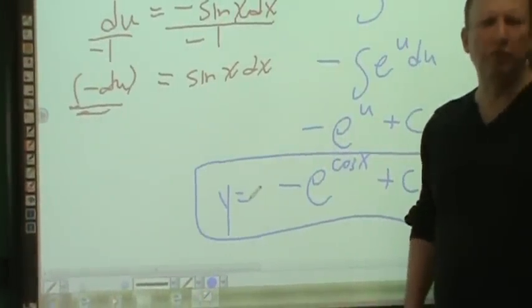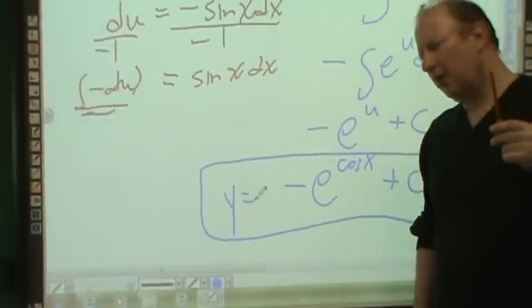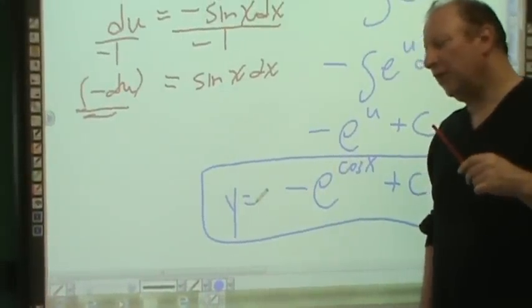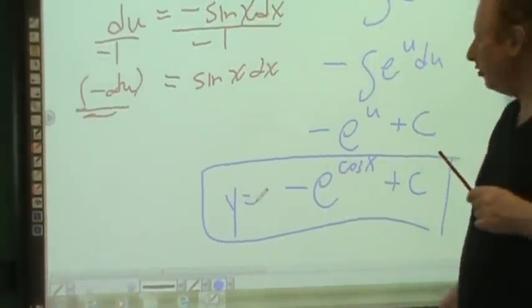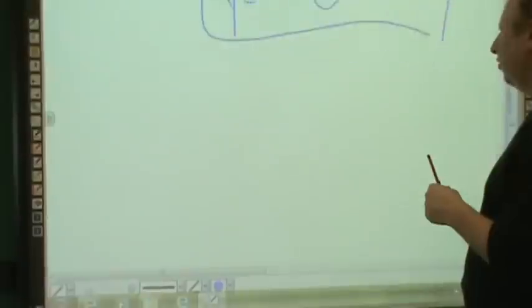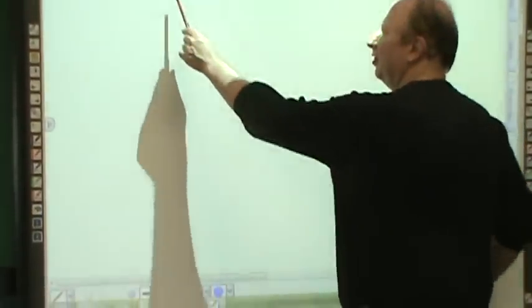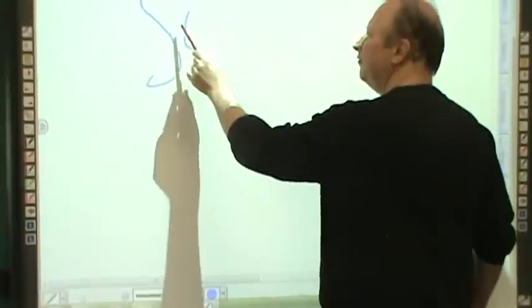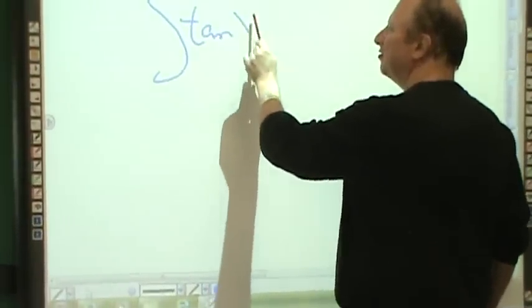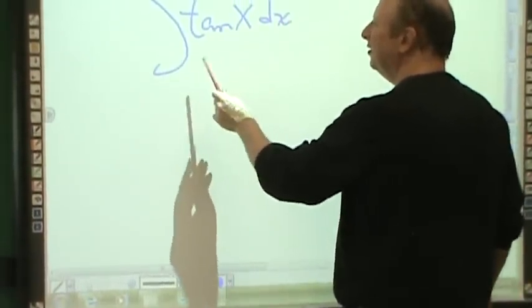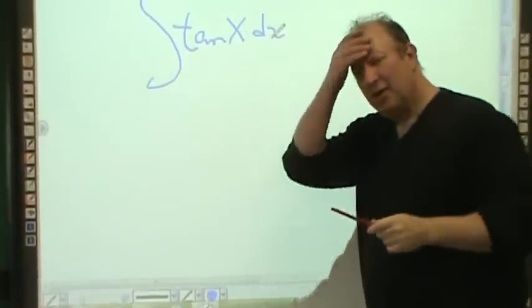I'm going to do one more example, and then I'll let you work on your own. The only reason I like doing this example is because it gets you to work on what we know. Let's say I ask you to find the integral of tangent x dx. Tangent, let's look at this.